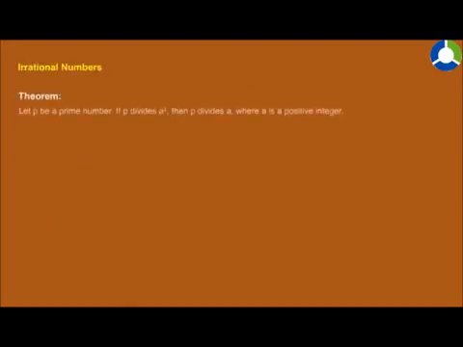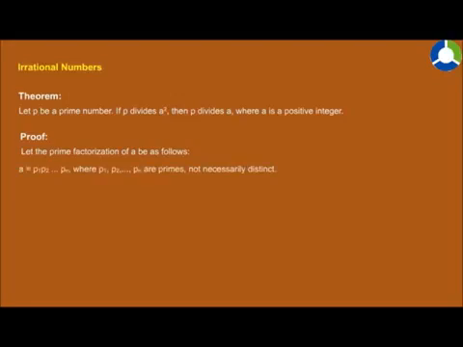Theorem: Let p be a prime number. If p divides a², then p divides a, where a is a positive integer. Proof: Let the prime factorization of a be as follows: a = p1 p2 ... pn, where p1, p2 up to pn are primes, not necessarily distinct.